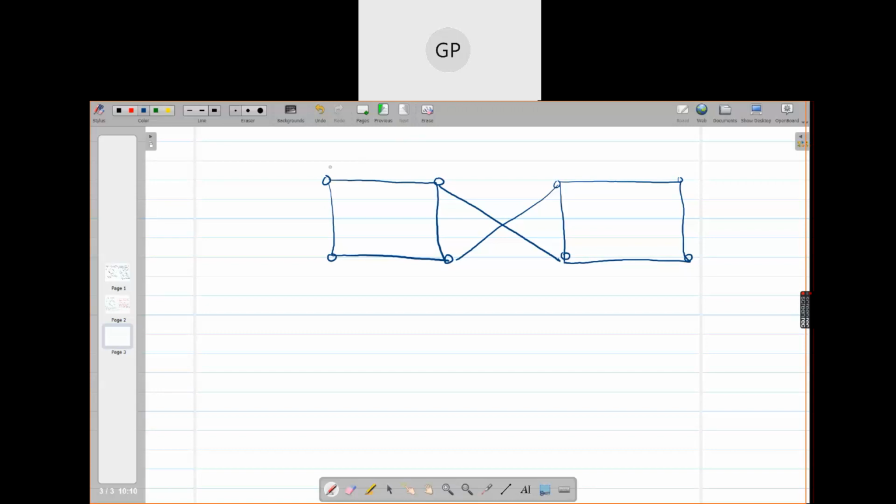See, you can write the degree of each vertex here. What is the degree of this vertex? 2. Here, 3. 3. 2. 2. 2. 3. 3. So find out the minimum degree. What is the minimum degree? 2.